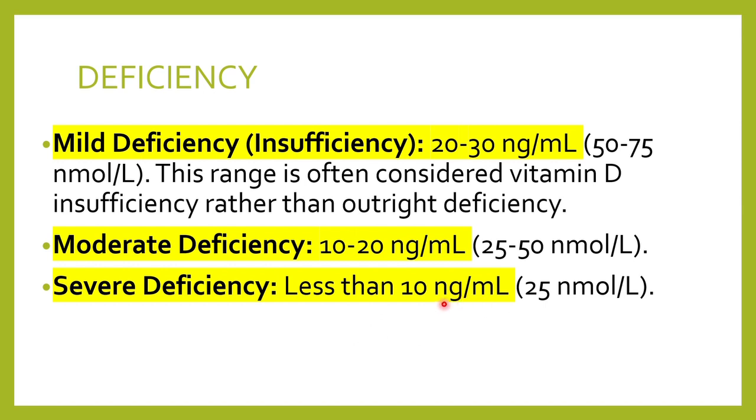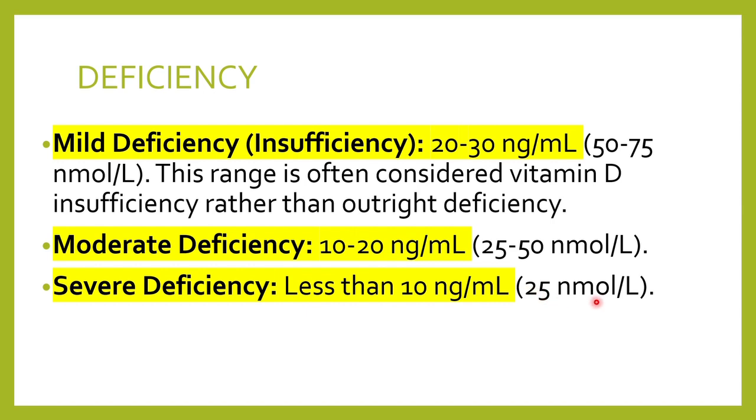Yeah, this is nanogram per ml and this is nanomoles per liter. Okay, so less than 10 nanograms per ml or less than 25 nanomoles per liter, then it is called as severe deficiency. So please see ki, what is the units what they have given.